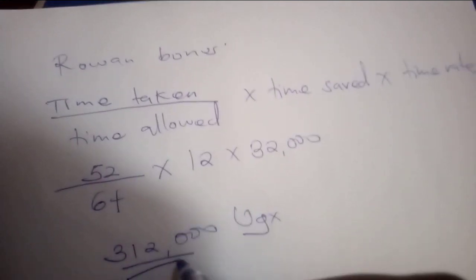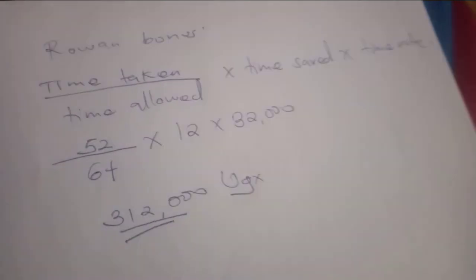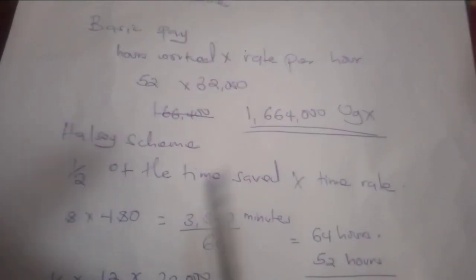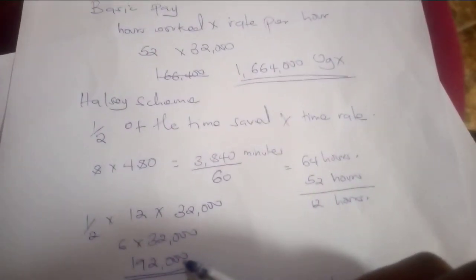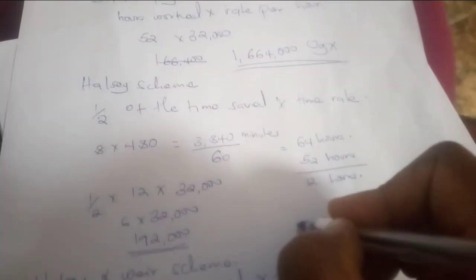Then in order for us to get the total pay under all the methods, you just get this basic pay plus this. You get the total pay under the Halsey scheme.